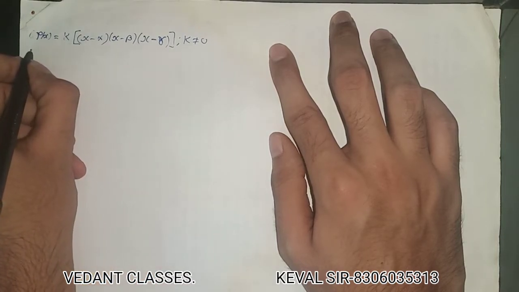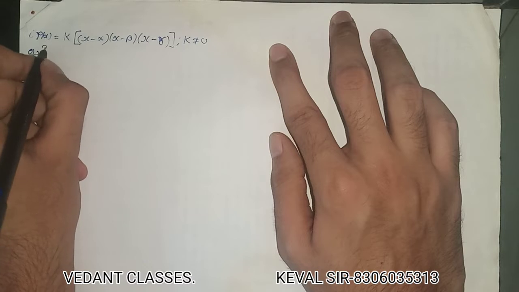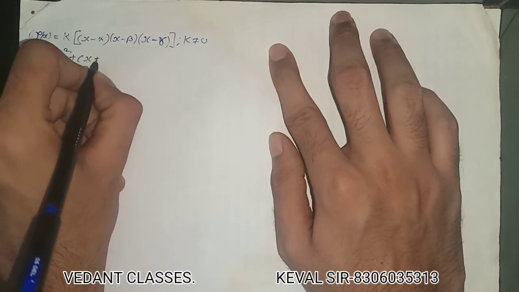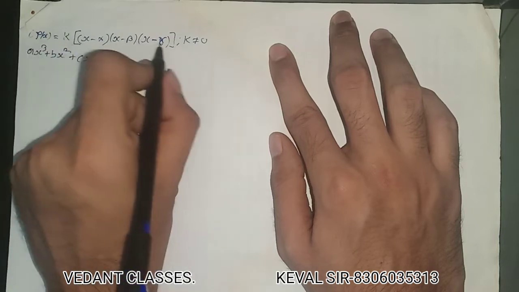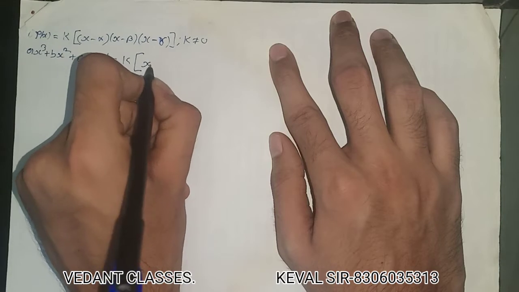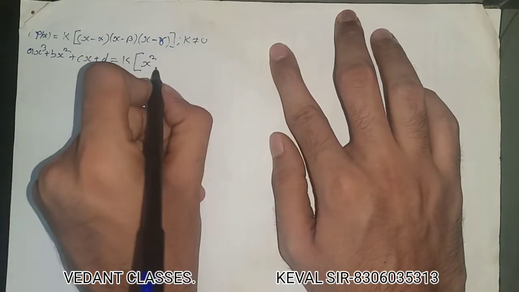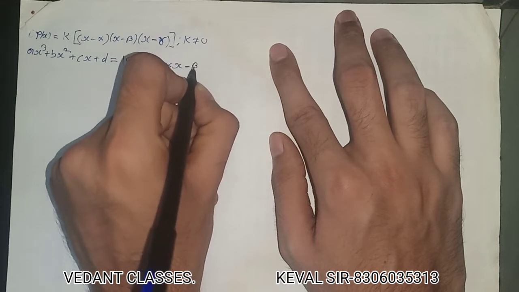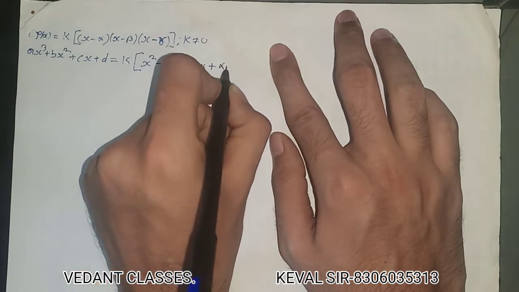It is a cubic polynomial, so it will be ax cube plus bx square plus cx plus d. Now you just need to multiply all these three brackets, so let's do that. First of all it will be x square, then minus alpha x minus beta x plus alpha beta.